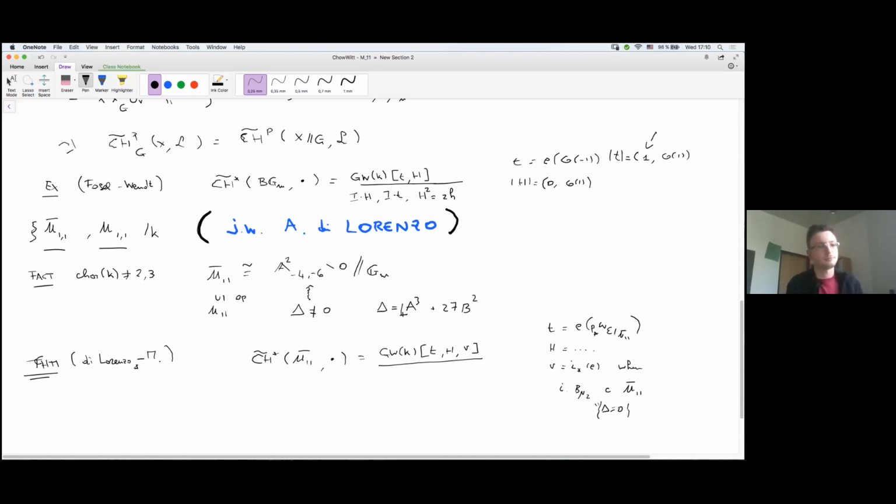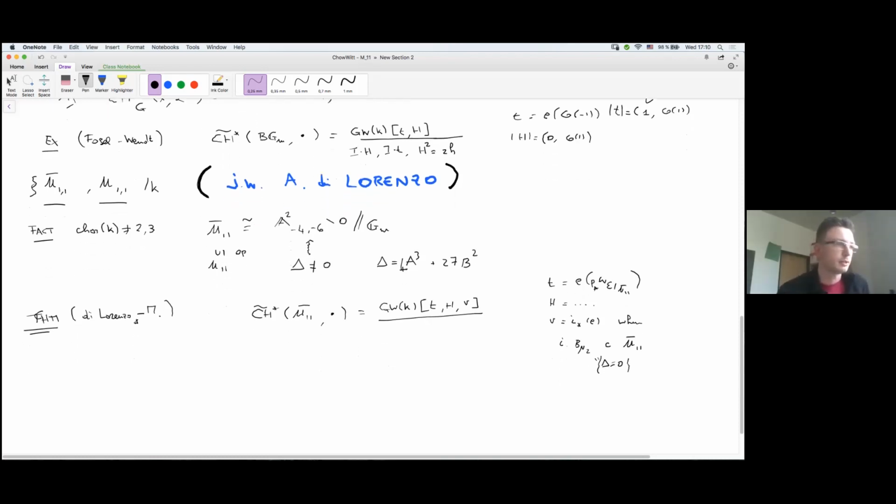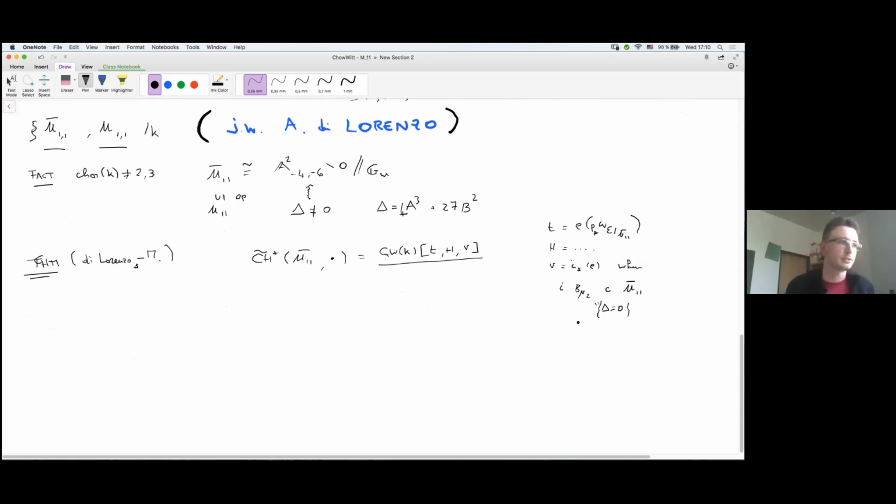I haven't told you what the class E is because I haven't told you what the Chow ring of B mu2 is, but I'll come back to that later. Maybe I'll write it like this: A lives in H0 of B mu2 with coefficients in GW, the ramified sheaf associated to GW theory. It's something related to the discriminant. Let's call it discriminant.